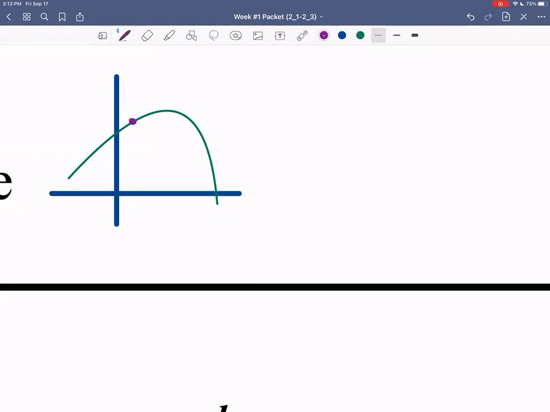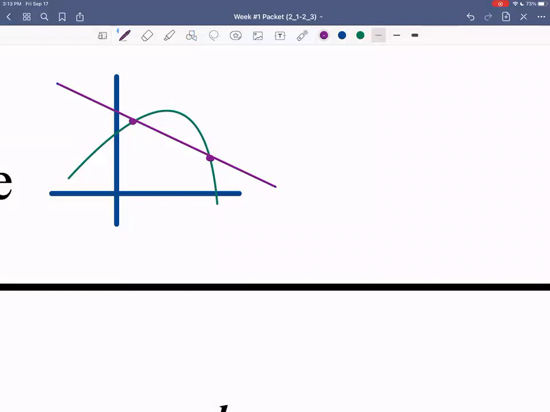We've seen before that a secant line on our graph is just a line that intersects our graph at two different points. And what we've seen before is that the slope of a secant line is the average rate of change of that function over a given interval.